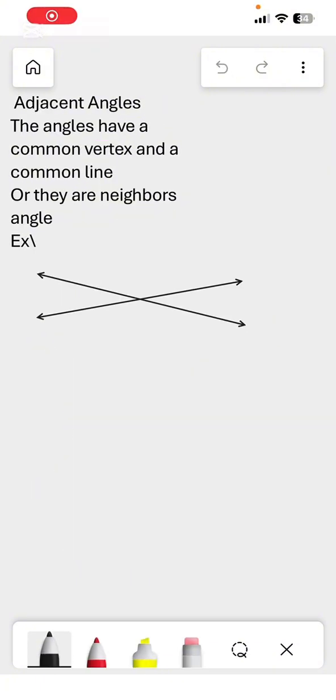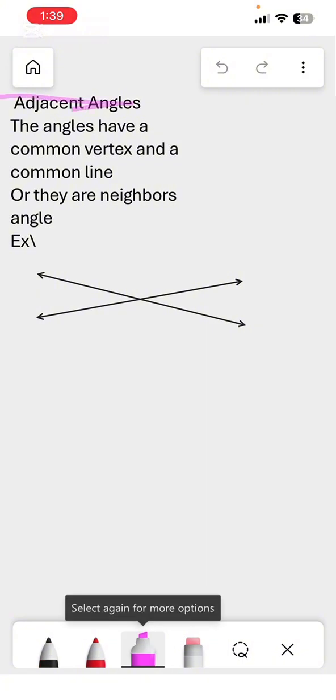In the previous video, I explained vertical angles. I said they are directly opposite to each other. Now we have adjacent angles. Adjacent angles are those angles that are beside each other, that they are neighbors. This is the definition of adjacent angles.